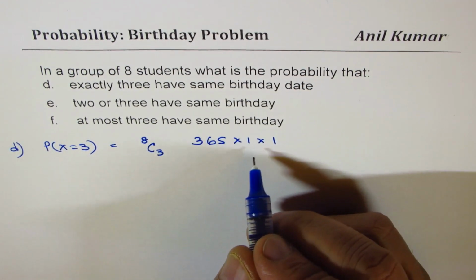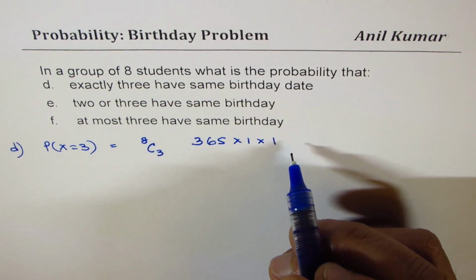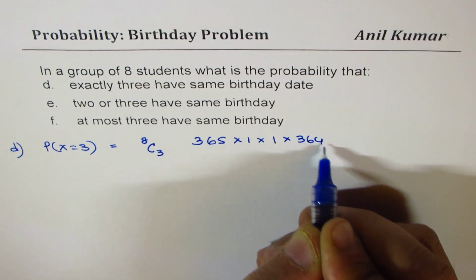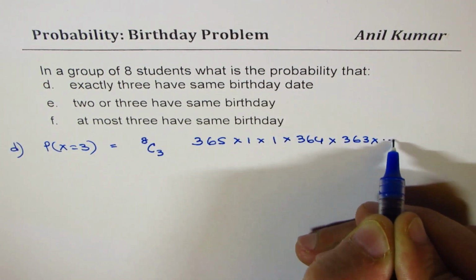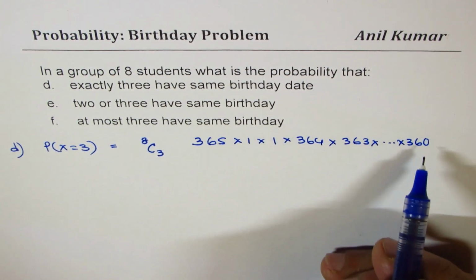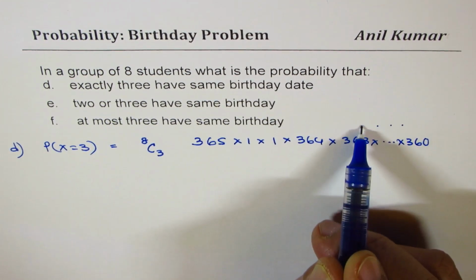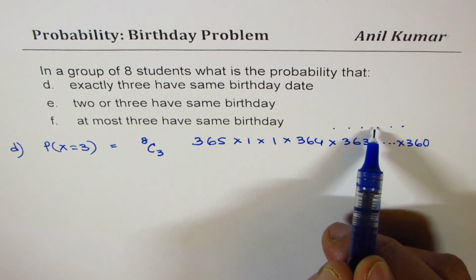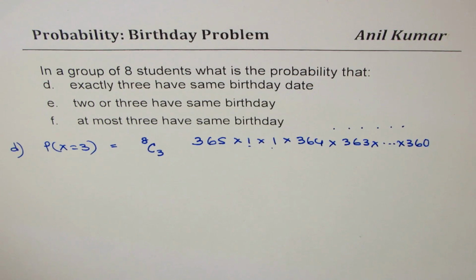And then that means we have involved 3 people here out of 8, 5 left, correct? So the 5 left means they could have 364 days, 363 days, and so on till 360, correct? That gives us 1, 2, 3, 4, 5, and 2 have the same dates as the first one.